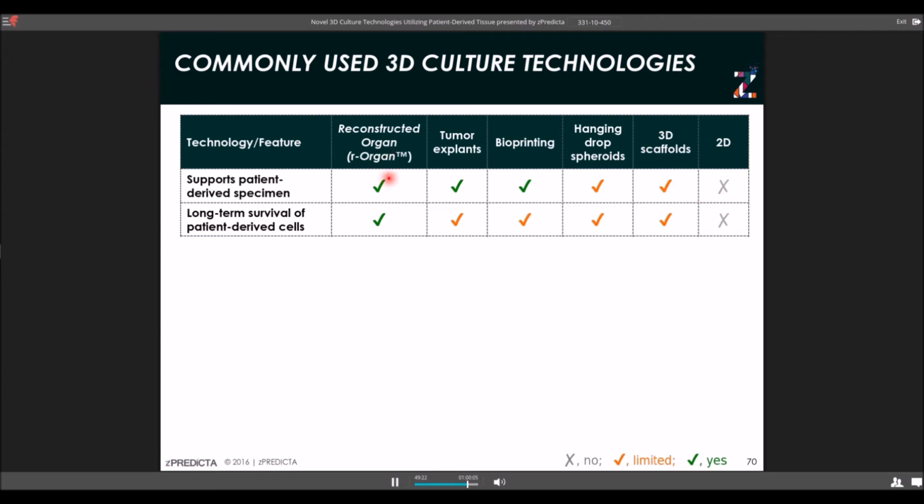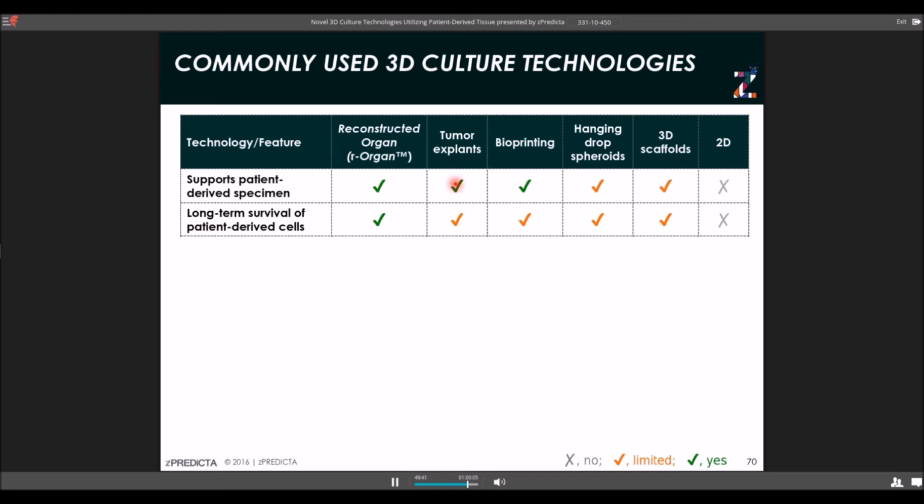The rest of the models that I talked about today can support patient-derived material to various degrees. So 3D scaffolds, especially synthetic scaffolds, and hanging drop spheroids cannot support these for very long periods of time, but it's an improvement over 2D scenarios.